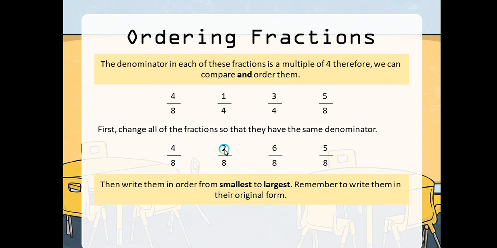The smallest is 2 over 8, which is 1 over 4, followed by 4 over 8, followed by 5 over 8, followed by 3 over 4. So 3 over 4 is the biggest, the largest.